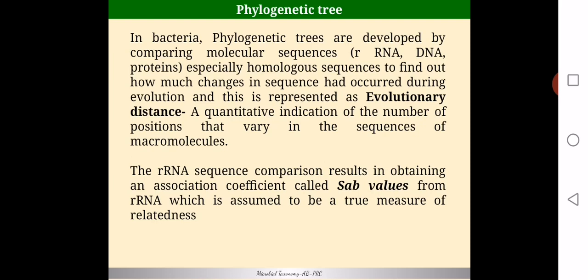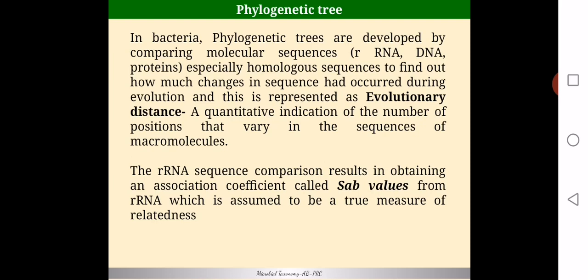And based on that we can determine the evolutionary distance. So how much these homologous sequences differ from each other, based on that you can find out the evolutionary distance. Right, so it gives a quantitative indication of the number of positions that vary in the sequence of macromolecules.